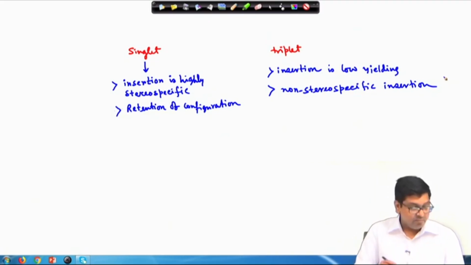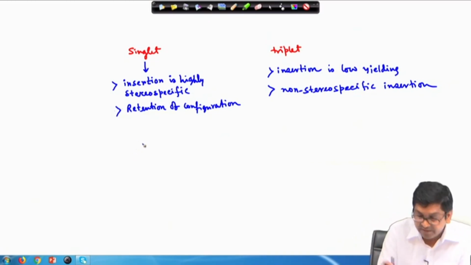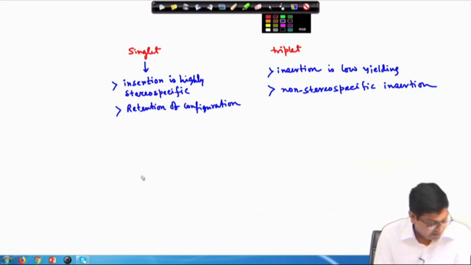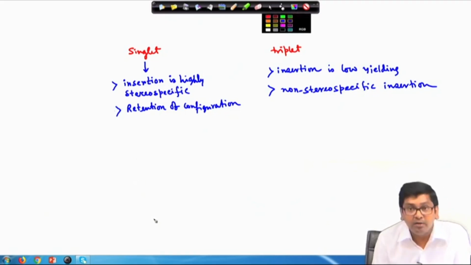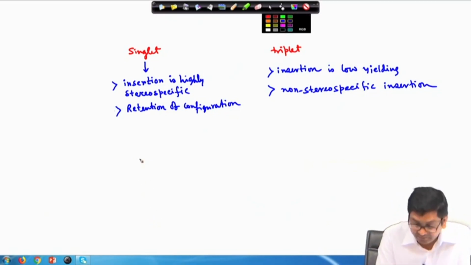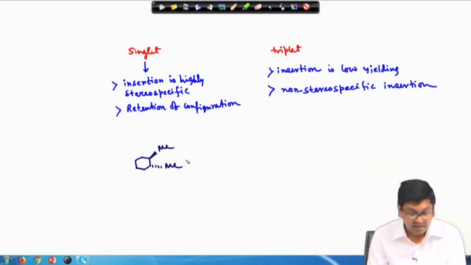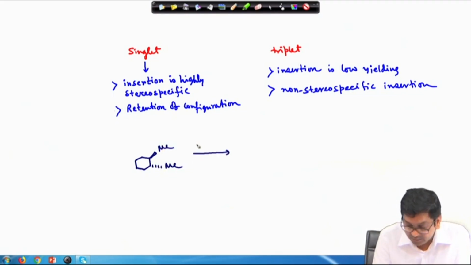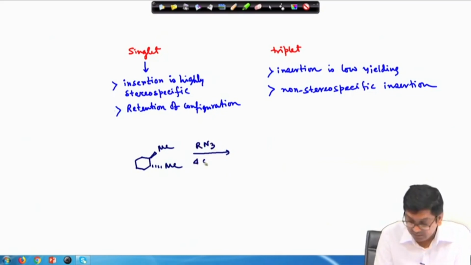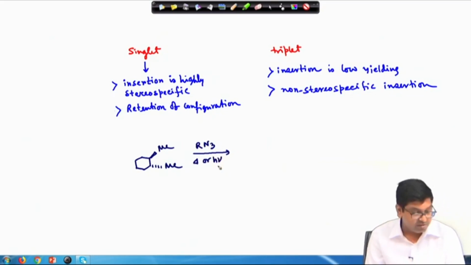Fine. Now, as per example, if we take trans 1,2 dimethyl cyclohexane, then if we treat it with nitrene, what will it generate?